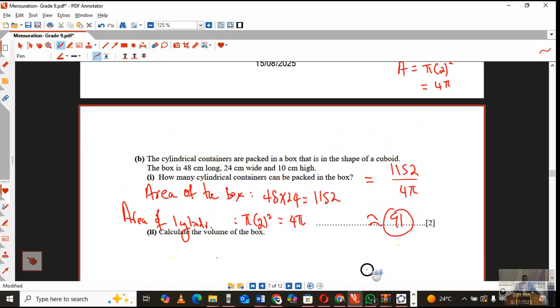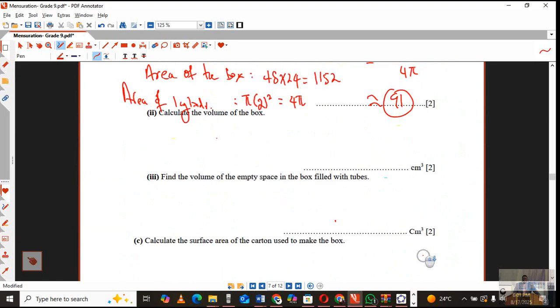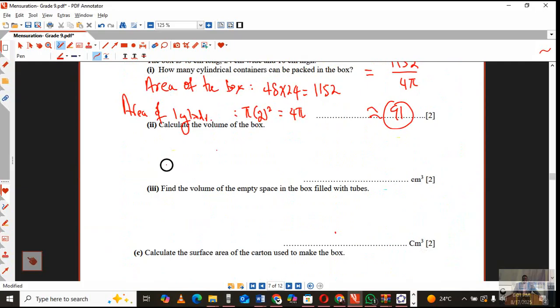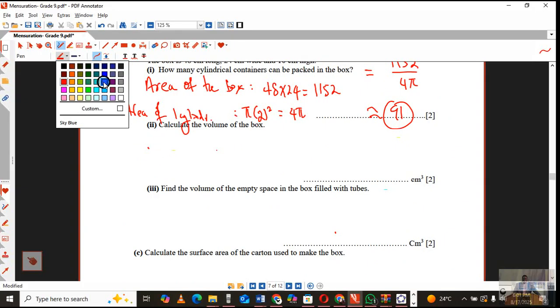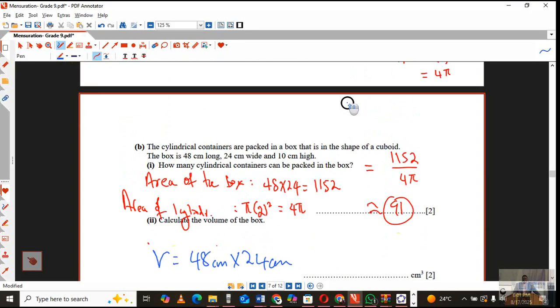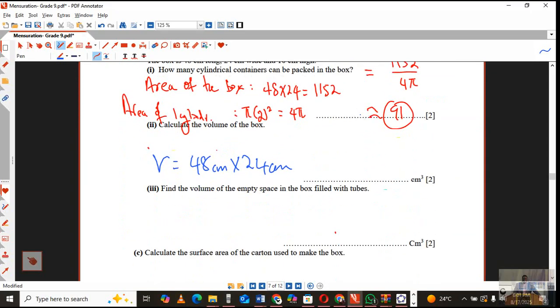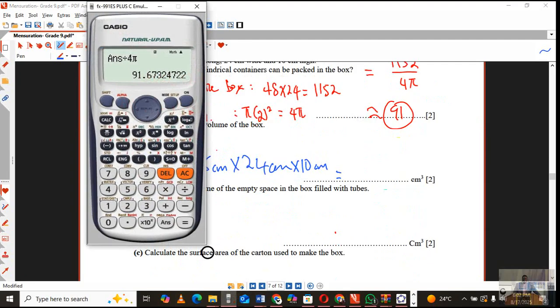Right, the volume of the box. We already worked it out before, but let's just see: the volume is just multiplying all those dimensions with each other. The volume would be 48 times 24 times 10.